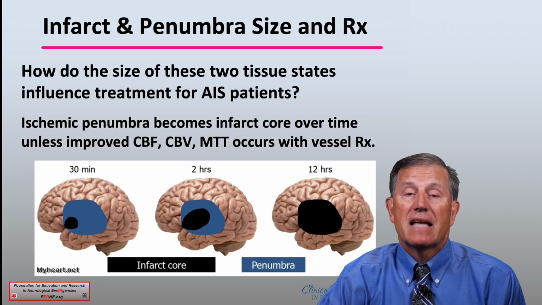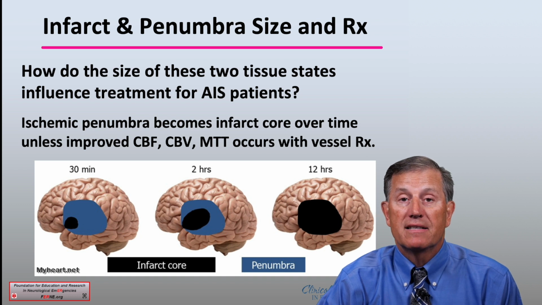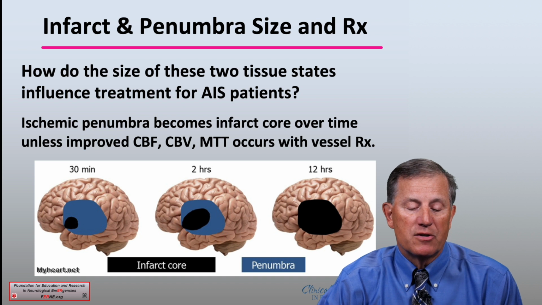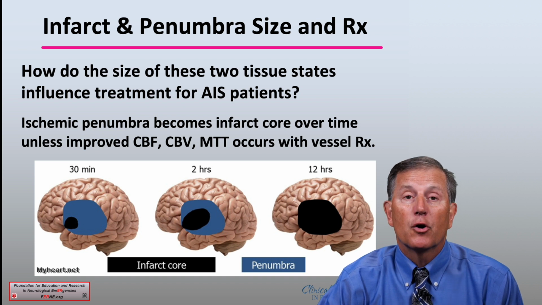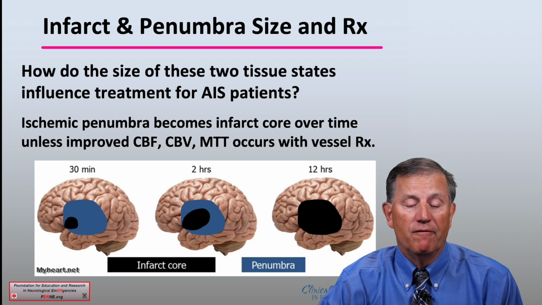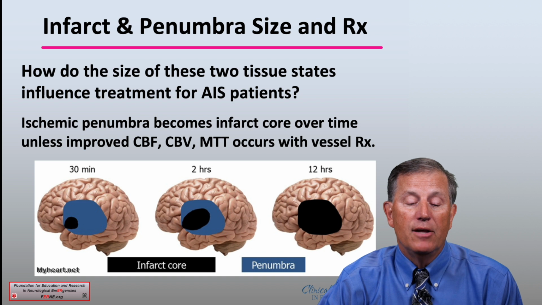So how is the size of these two tissue states, core infarct and ischemic penumbra, related? You can see here in this graphical representation, the core infarct is in black. On the left, a small infarct and a large ischemic penumbra at 30 minutes. And you see at 2 hours, the core grows.